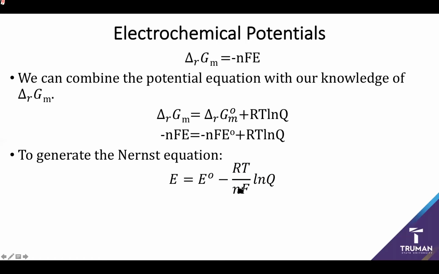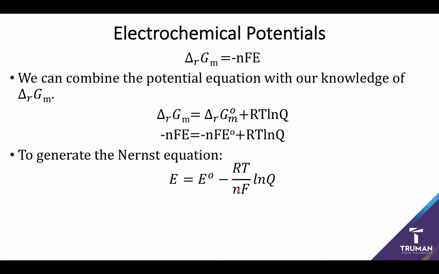So I do need to allow for unit conversion to go from moles of reaction to moles of electrons. And this is going to drive a lot of the differences in between how we use potential and how we use free energy.